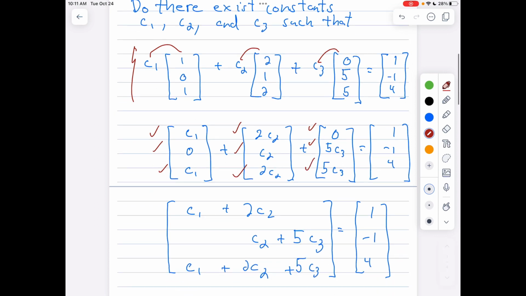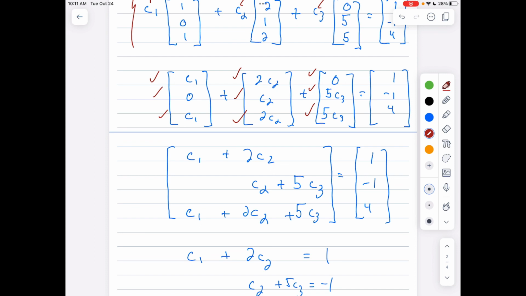So distributing that, and because these vectors in themselves are matrices, I can add up the components and make one matrix whose first row would be C1 plus 2C2 plus 0. So I'm adding these first components. Then the next row would be C2 plus 5C3.